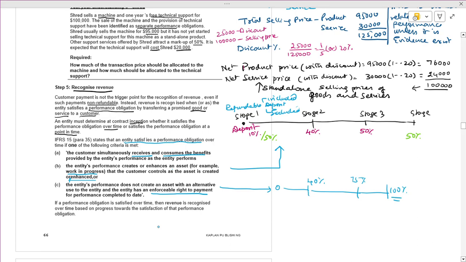It happens because most of the contracts will not be short term. Most of the contracts will be long term, going beyond 1 year, let's say 5 years, 10 years, maximum 5 to 10 years.